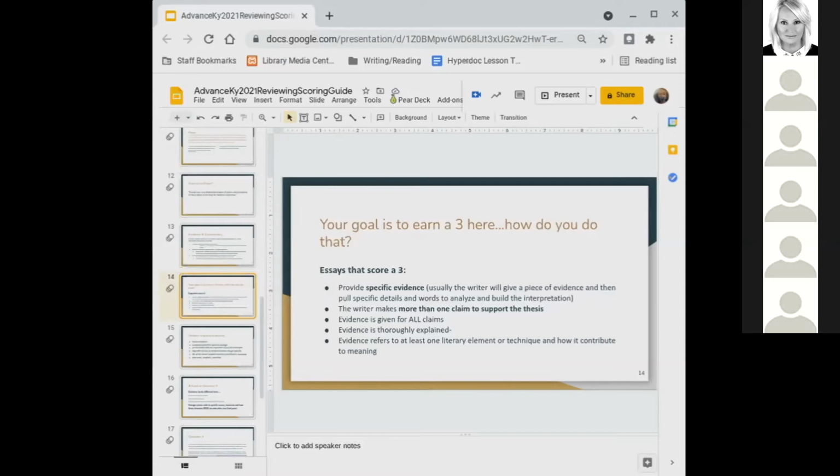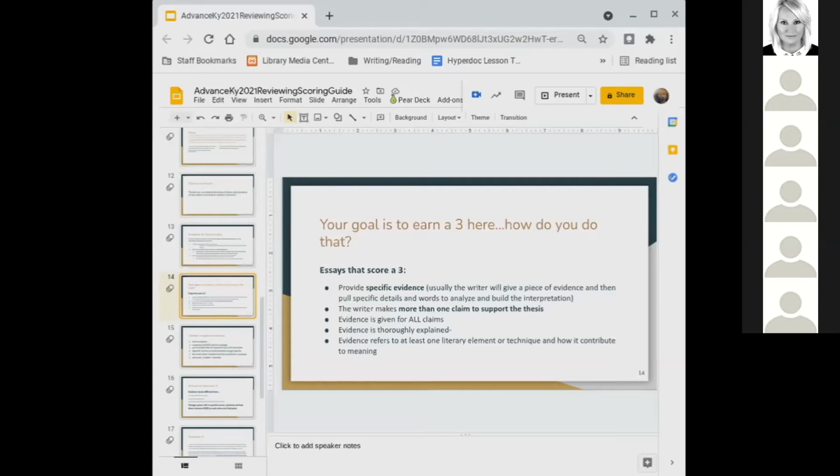All right, so I want you to think about how you use evidence. Do you use evidence in that way? So often a 2 might give the whole line and then try to explain how it's relevant. But a 3 will pull a word or a specific detail out of that line and do a little bit further with it.